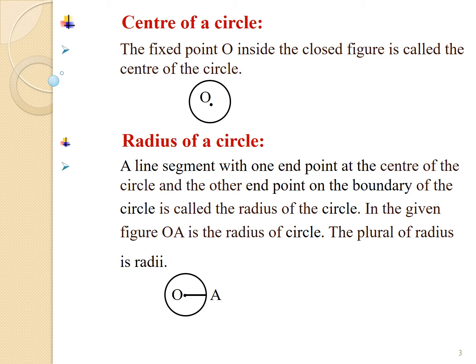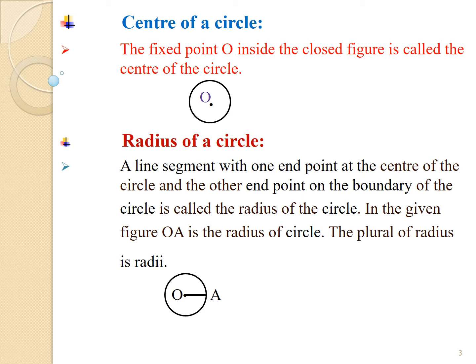Let us learn about various parts of a circle. Number 1. Center of a circle. The fixed point O inside the closed figure is called the center of the circle. Number 2.